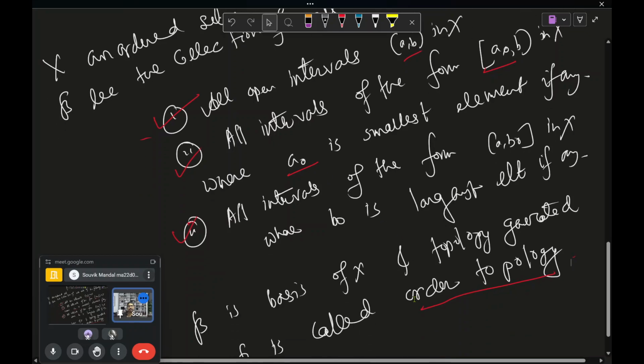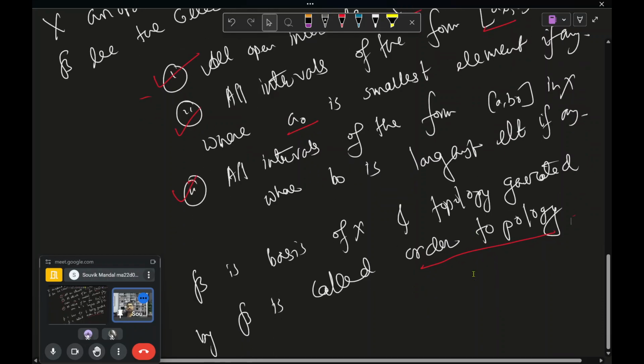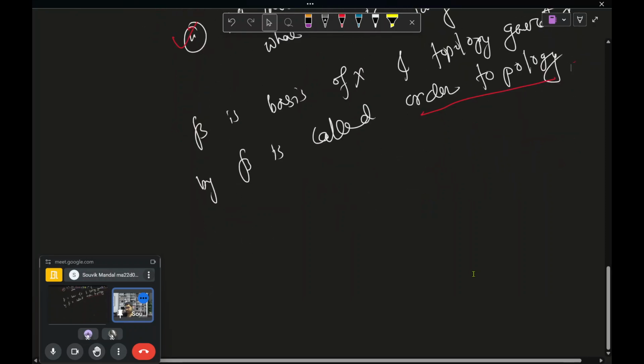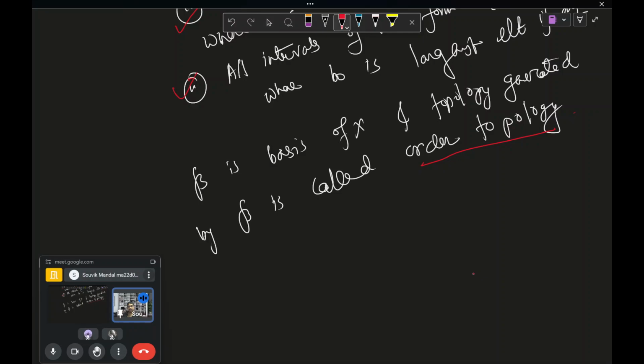Now one can check that this collection beta forms a basis of X, and the topology generated by beta is called the order topology. So this is what we mean by order topology. Okay. So since beta is the basis, so once again, what?